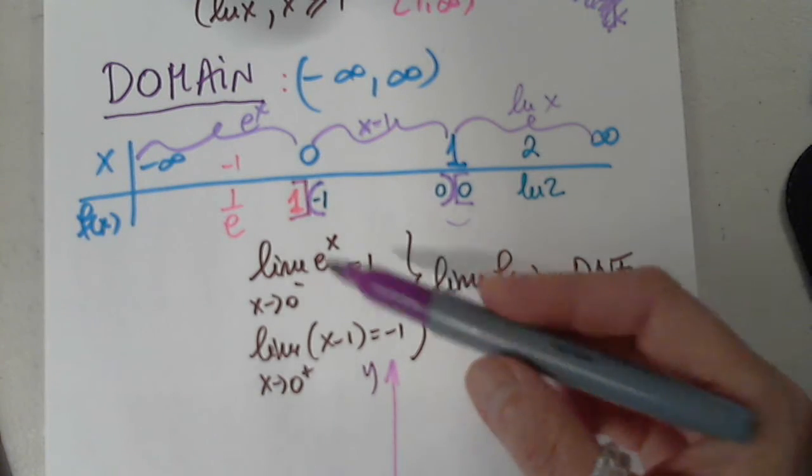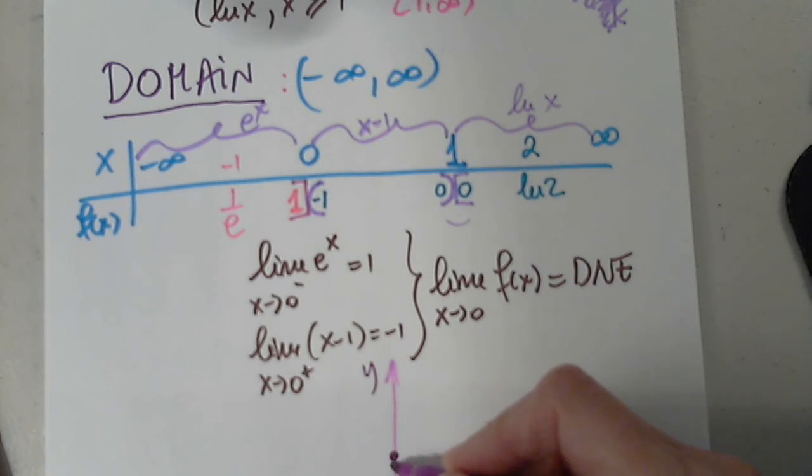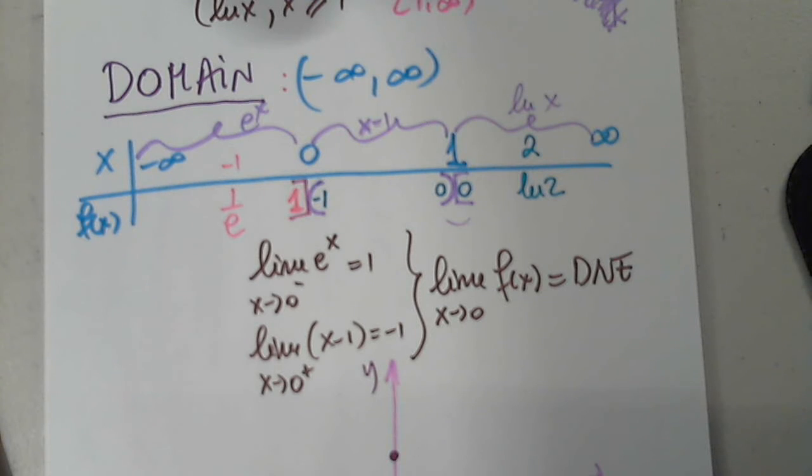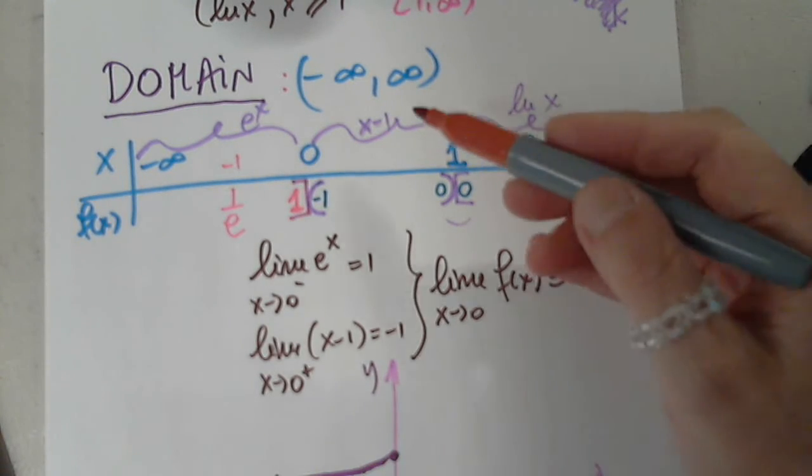So when x is 0, y is 1. I'm not going to mess with that value because I know how to graph e to the x. I don't care for -1, 1 over e. In the middle, I have a linear function, so this was exponential, this is linear.